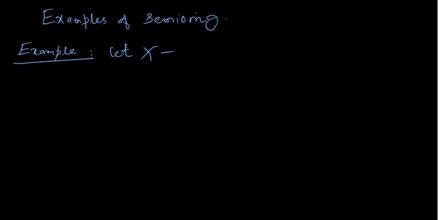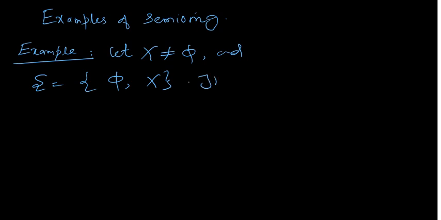Let X be not equal to empty, and let's take this S equal to the set consisting of only two members, empty set and X. Then this S is a semiring. Is it?